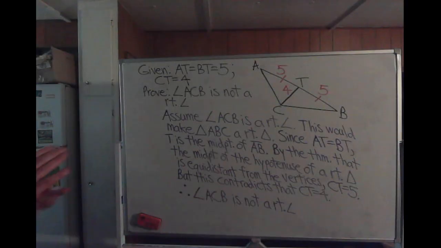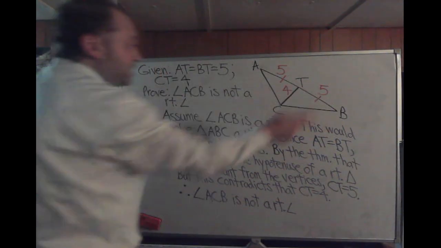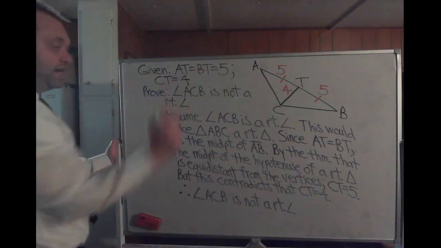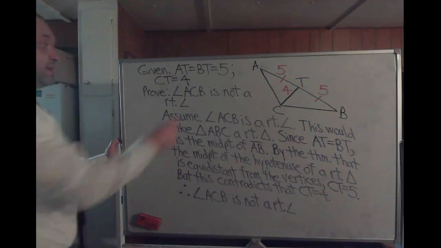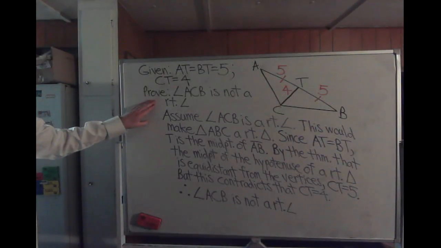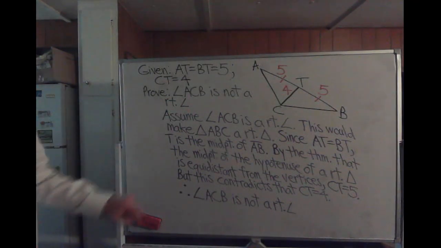So let's go through this one again. We're given triangle ABC up there, right? We're given that T is the midpoint of side AB because AT equals BT, which equals 5 on each side. Then we're given that CT equals 4. What we're setting out to prove is that angle ACB is not a right angle.